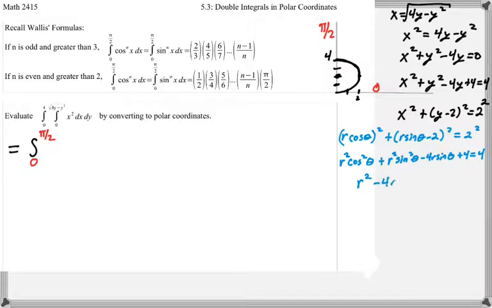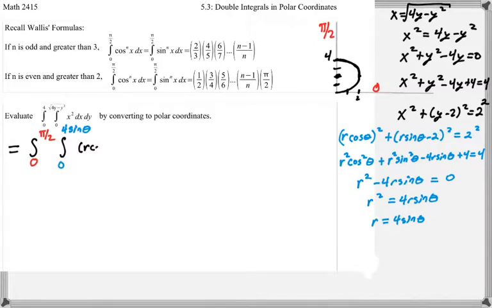Okay, minus 4r sine of theta. That's going to be equal to 0. So we can add 4r sine of theta to both sides, and then divide by r, and so r is equal to 4 sine of theta, and that describes the circle there. So then our radius is going to go from 0 to 4 sine of theta.